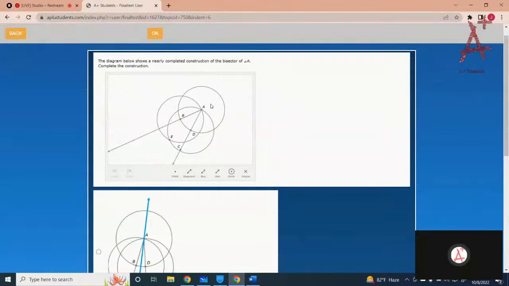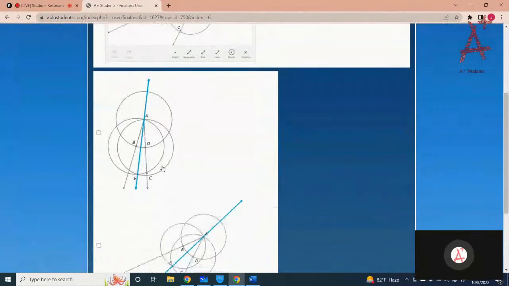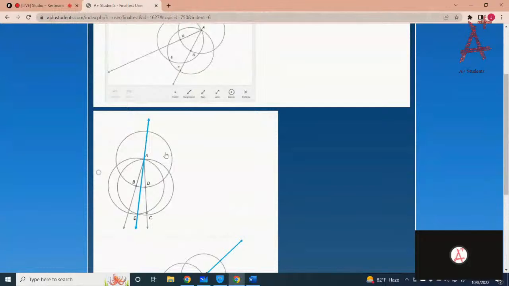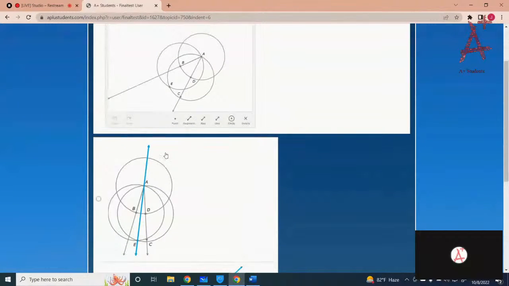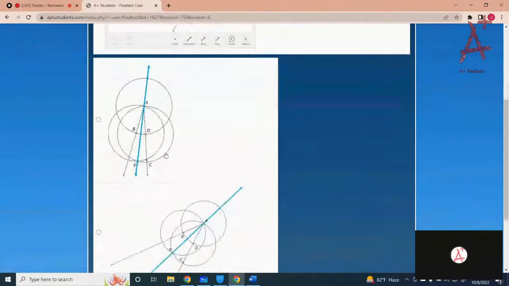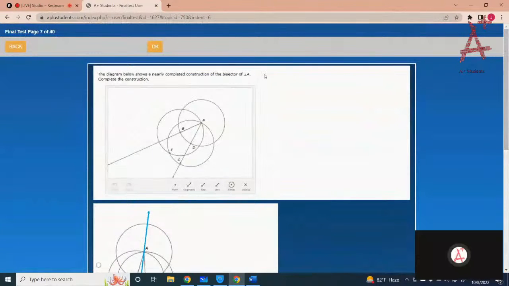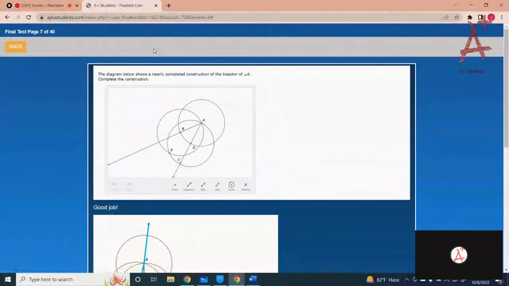So just make a line from A to E. So the correct option is A to E. Just look at the original one, two, three. That is the correct option because you just need to make a line over here. So this is the correct option, and click on the OK button.